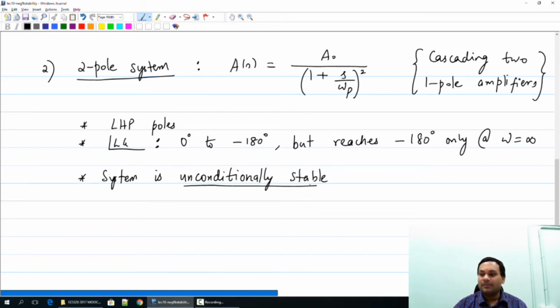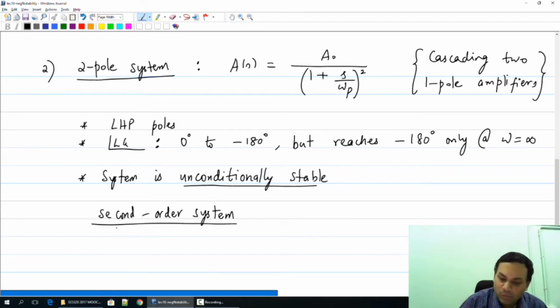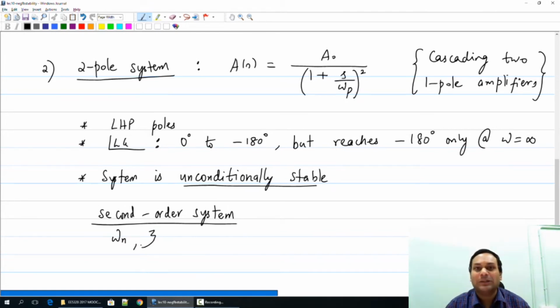Unfortunately, if you look at the time domain response of the system, as we know, a two-pole system, or rather a second order system, is defined by two parameters, which is the natural frequency and the damping factor. So what this means is there will be a particular value of A naught on omega p where the system will start to ring.